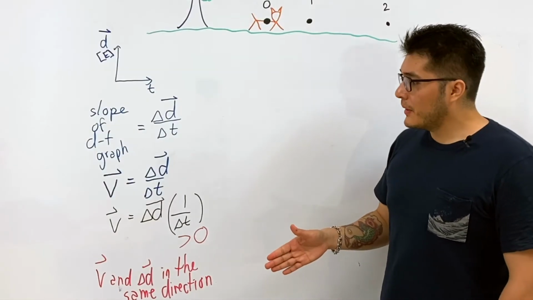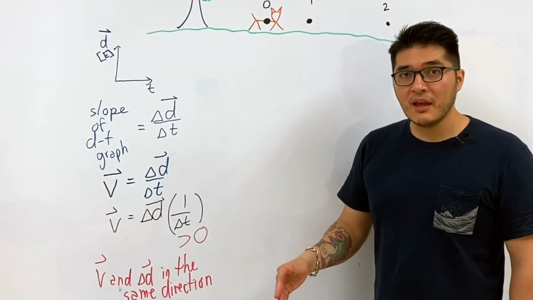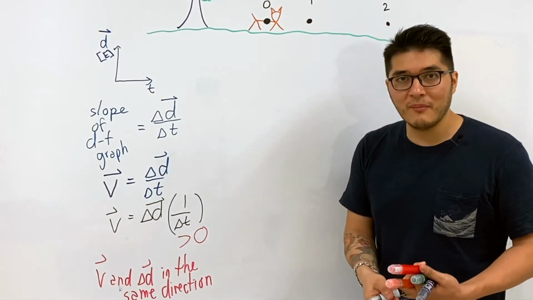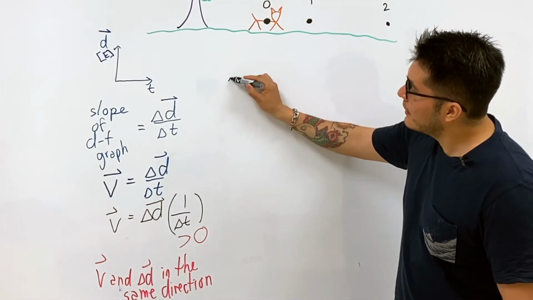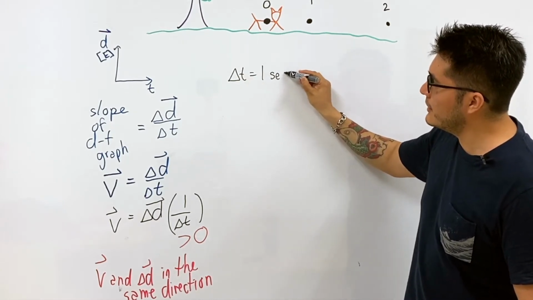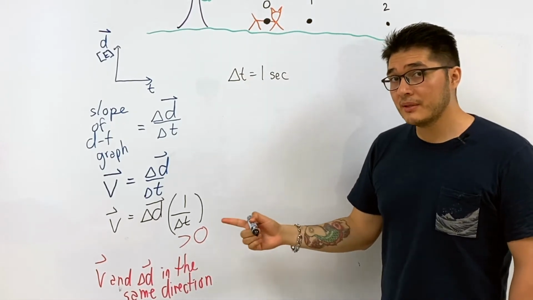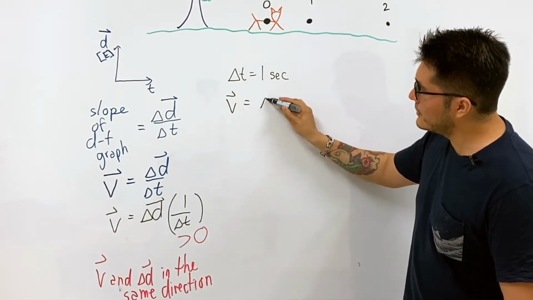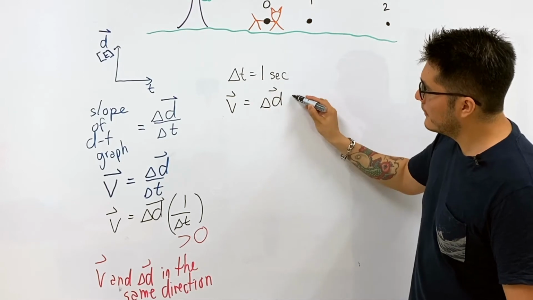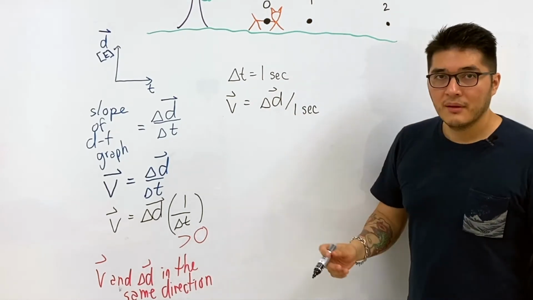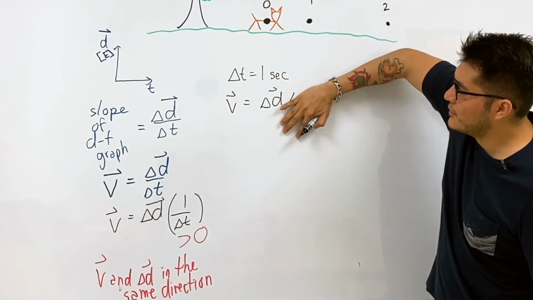But it turns out that we can do a better approximation if we keep our time interval nice and innocent, and what I mean by that is to keep our time interval to be 1 second. So this equation becomes a lot easier. Velocity equals our displacement vector divided by 1 second, but technically you could disregard this for now.